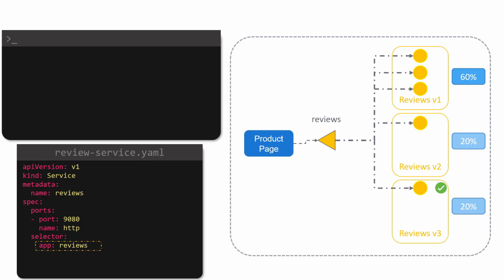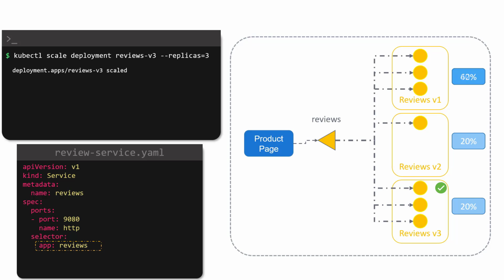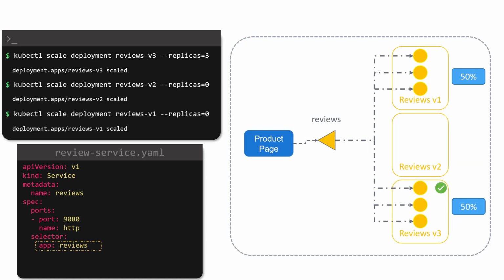So, we decide to route all traffic to that version. For this, we first scale up the replicas of version 3 to 3. So now we have an equal amount of traffic going to version 1 and version 3. We then scale down the replicas on version 1 and 2, and now we have 100% of traffic to version 3.